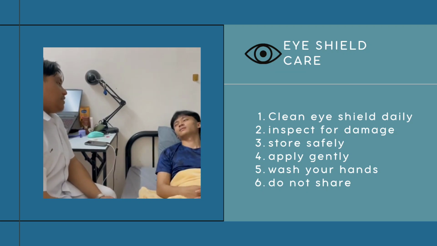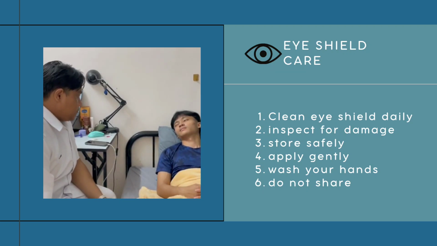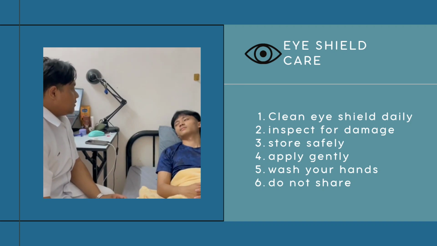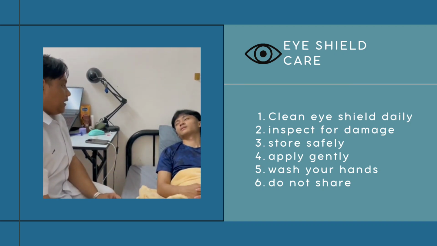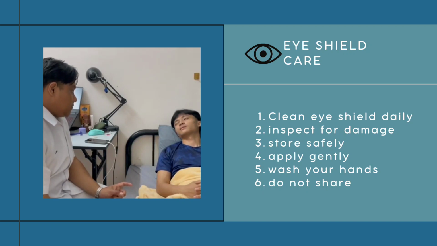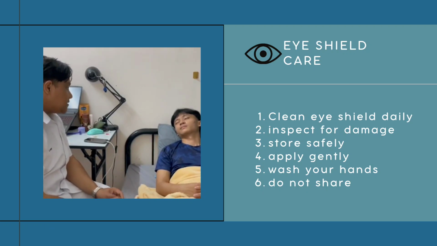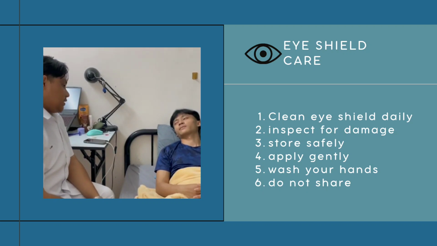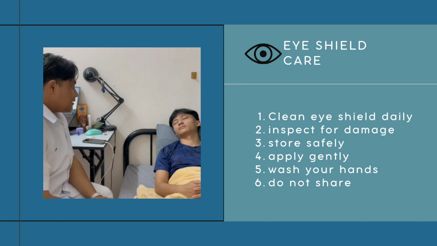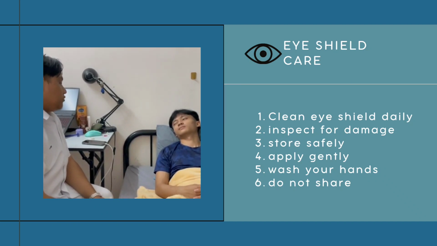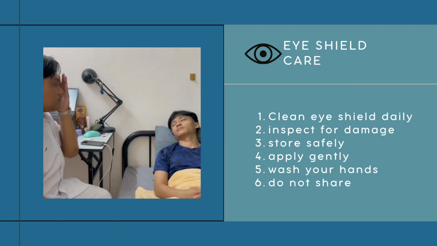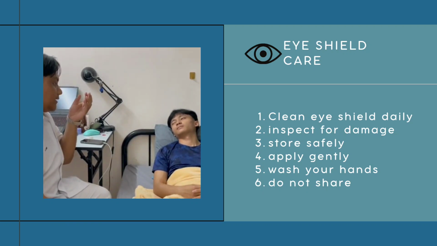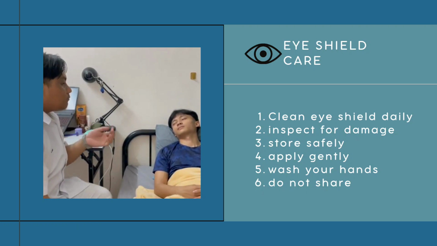The damage that I'm talking about is if there's a part of it that's broken and it may cause some injury when you apply it, or the pieces are not in the same place, so you need to replace it. Okay. Next, you will have to apply it very carefully, and you don't need to put it too tightly. Just feel as it snaps on your eye properly.